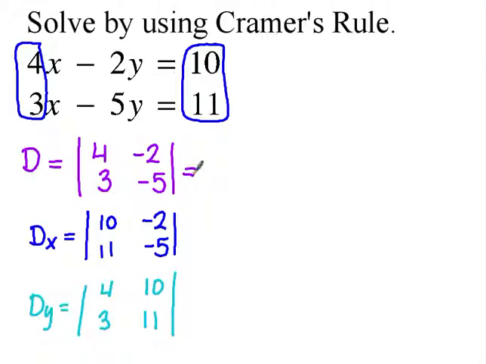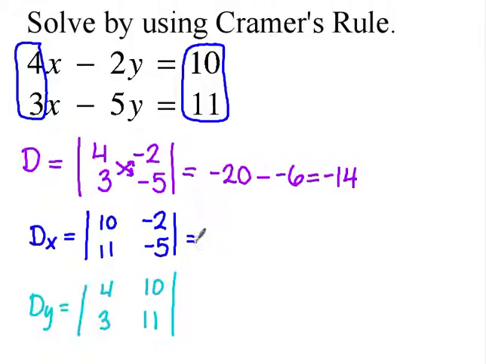Because if you remember, in order to find the determinant, I take this times this, which will be what? Negative 20 minus this times this, which is negative 6. So what is negative 20 minus negative 6? Negative 14.